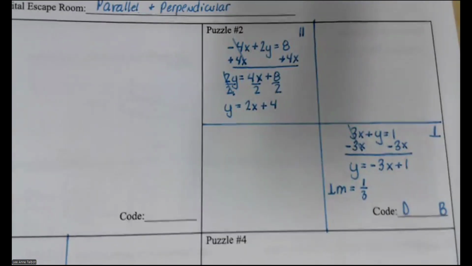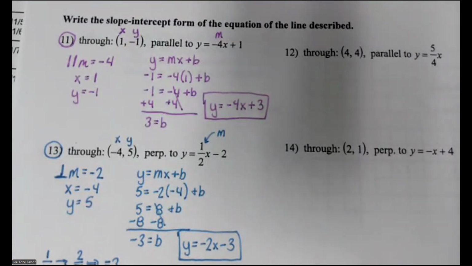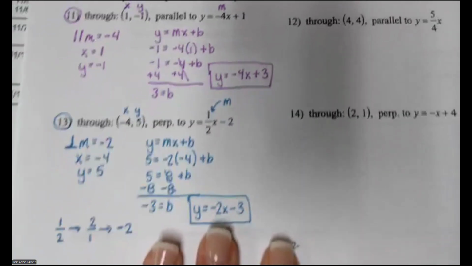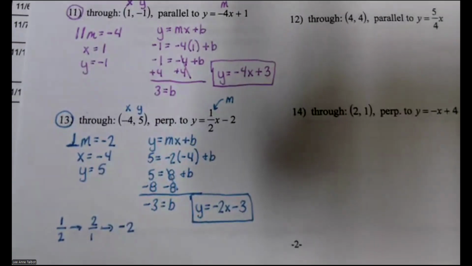Rotate, rotate, translate, translate, blah, blah, blah. Okay, come ask me for help if you need it. I am going to leave the warm-ups up on the screen because when you get to the puzzle part where you need the algebra, you're going to want to look at this.